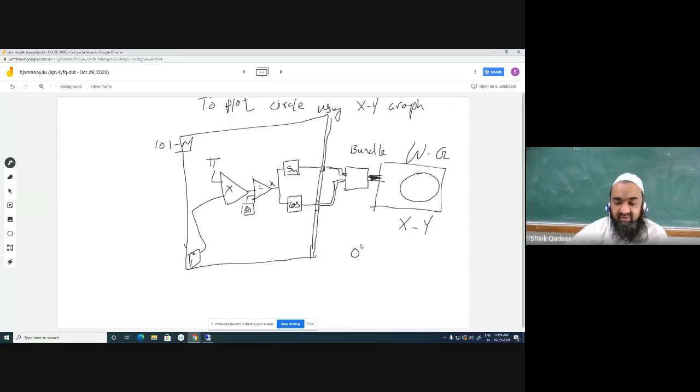You can write observation here. This is sin x and this is cos x. Here the quantities are scalar and here the quantities are array.